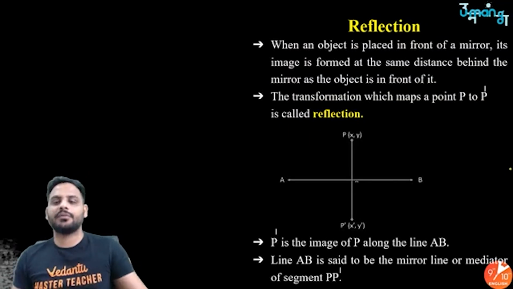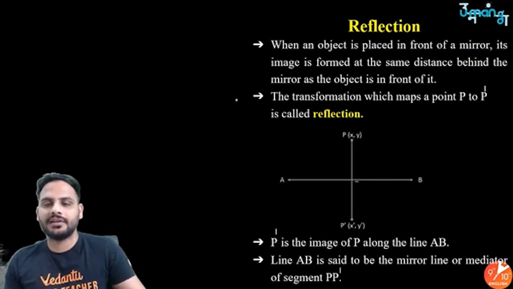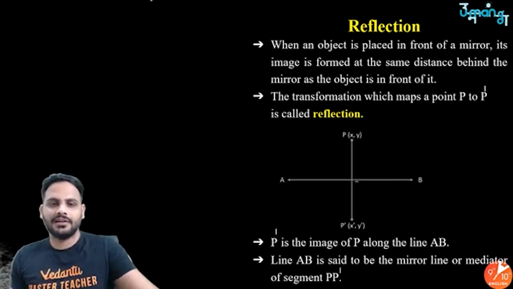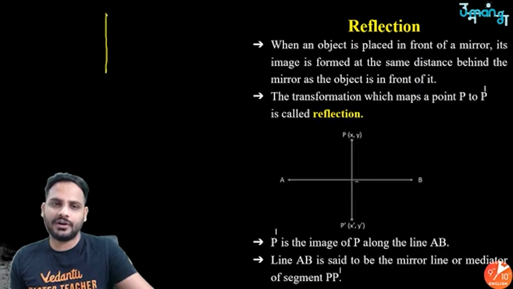Now reflection. Now look beta, in reflection what are they saying? Suppose reflection is exactly like what you know about the reflection, right? Suppose I have a mirror over here in front of me, so this is a point. Now we need to find out the reflection of this point. So what we will do, I will draw the perpendicular from this point on this mirror. Let's say this distance is d.